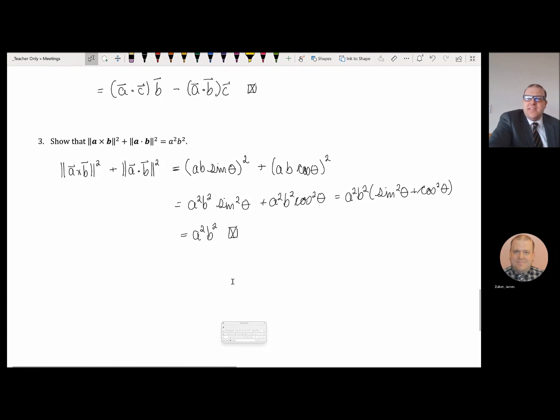So if you do the magnitude of A cross B, it is the magnitude of A times the magnitude of B times sine of the angle between them. That's a property of cross products. And A dot B, it's just a property.